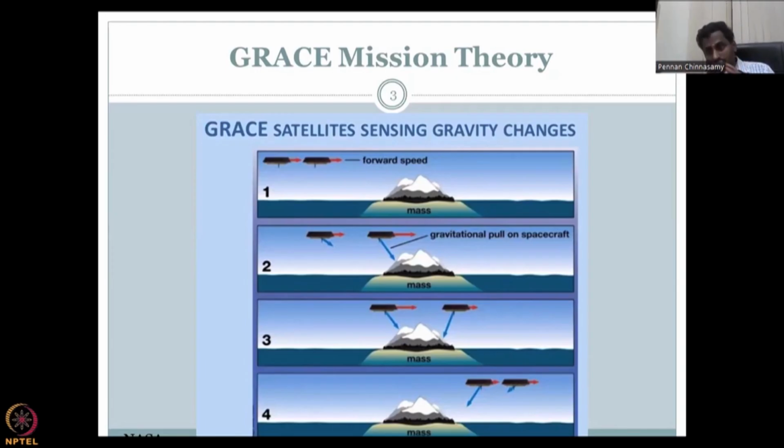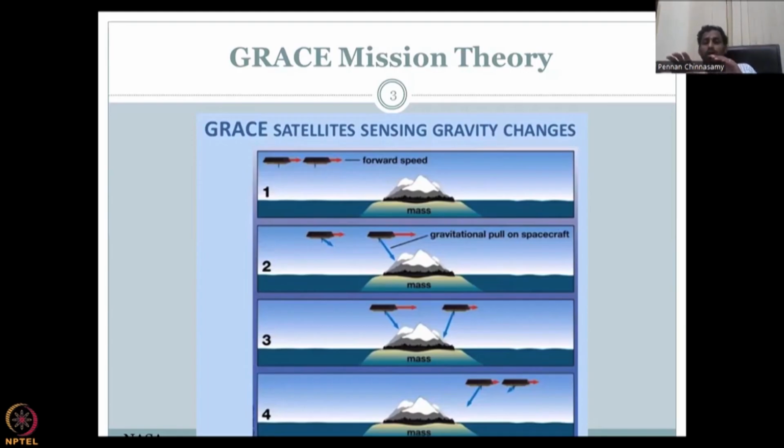Whenever the first satellite goes fast, it records how fast it goes, and when it slows down, it records how slow it goes. This is the accelerometer, because it accelerates and then decelerates. It is not pulled by the body, but mostly pulled by the attraction towards the first satellite.